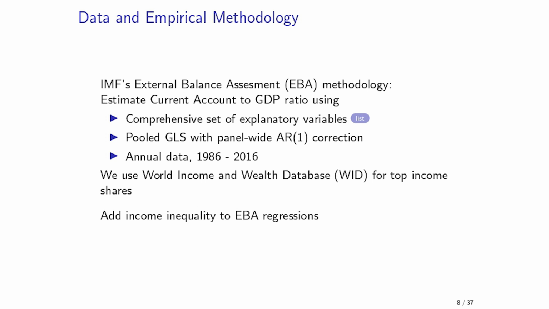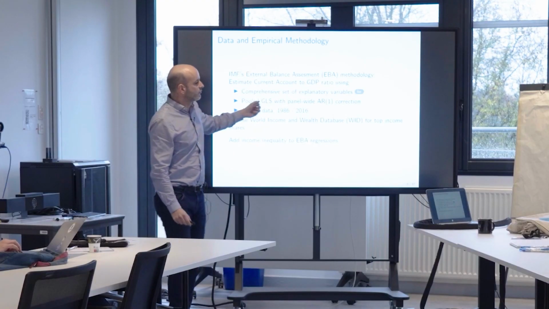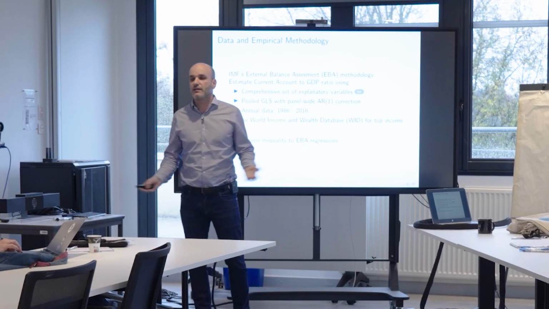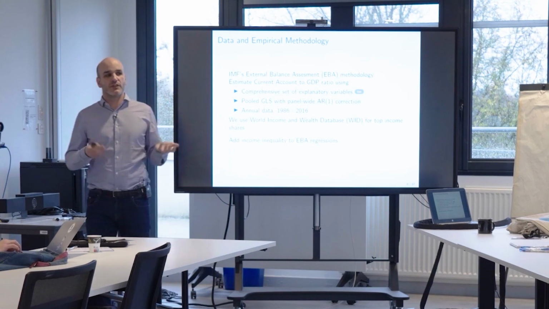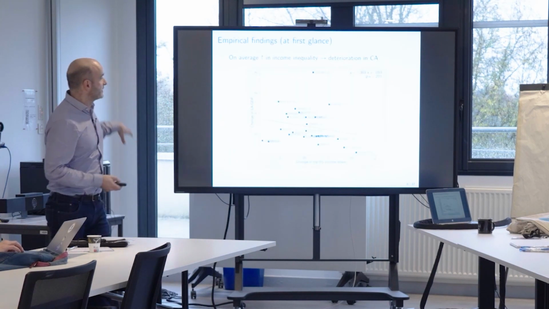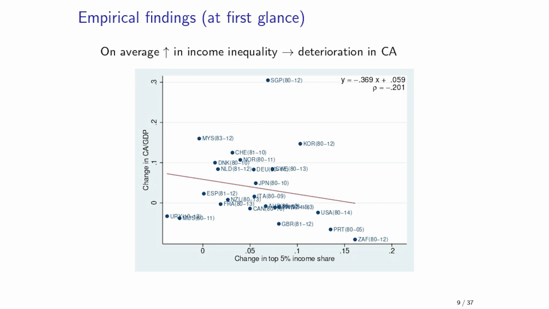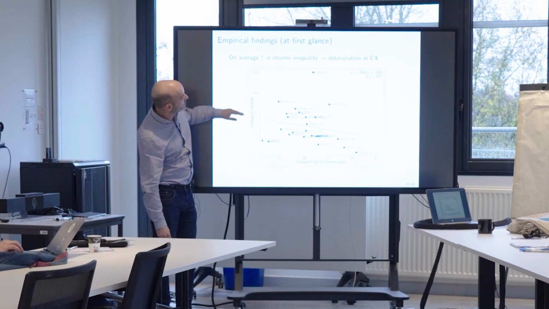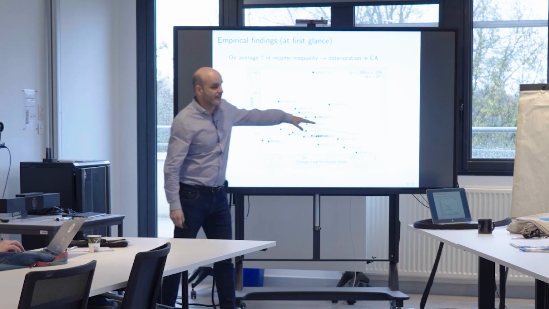Okay, now the naive approach is we take just income inequality from the World Income database, and we add it to the regression. So without doing the regression, I can show you a very basic scatter plot. If I take the top 5% income share from the World Income database, and the change in current account over GDP, more precisely, so the change in top 5% against the change in current account, then it looks like I have more of a negative slope.